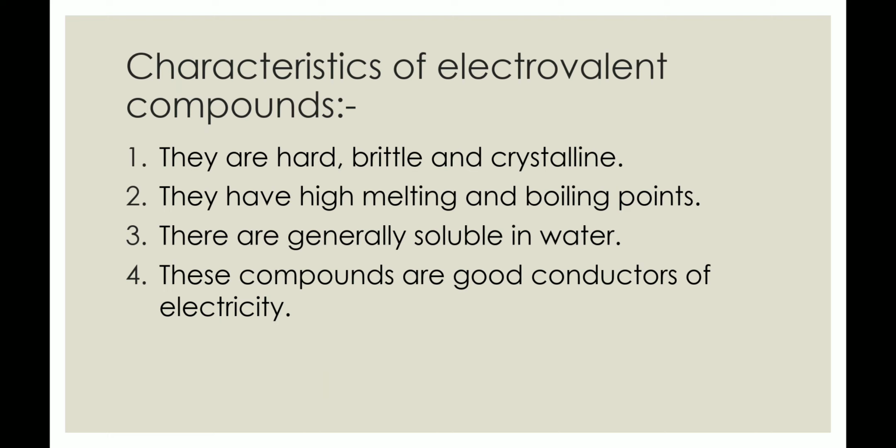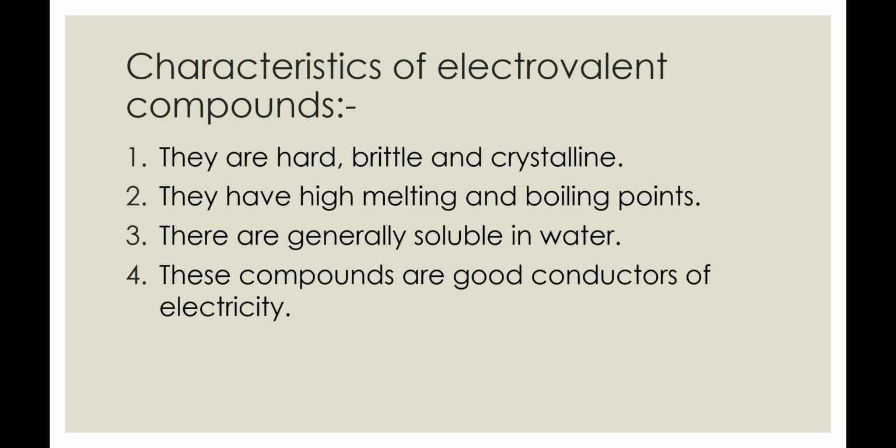What are the characteristics of electrovalent compounds? Electrovalent compounds, as I told in the examples, sodium chloride, lead bromide, calcium oxide, are hard, brittle and crystalline substances. Electrovalent compounds have high melting point and boiling point.